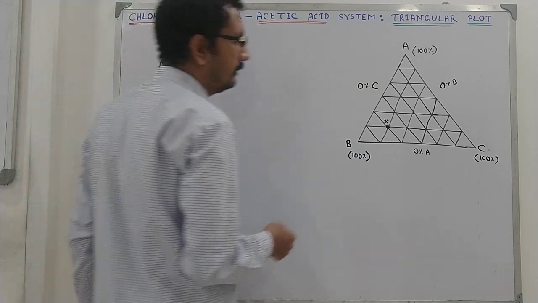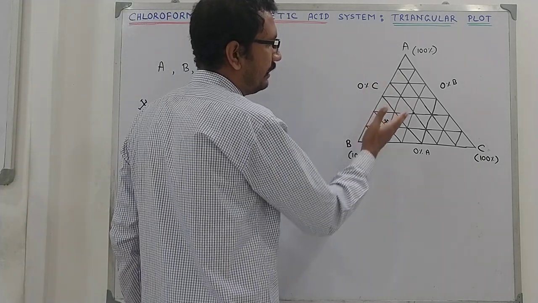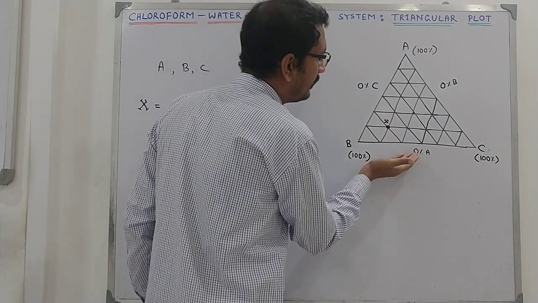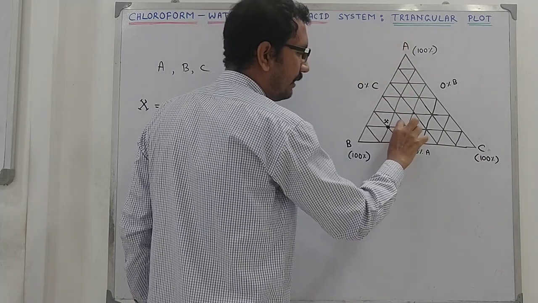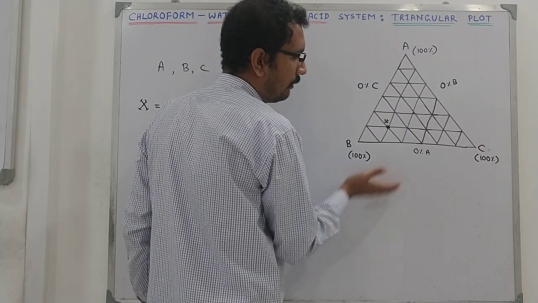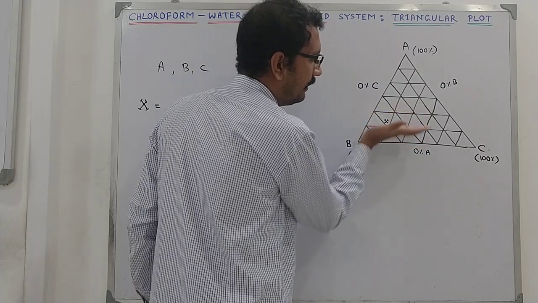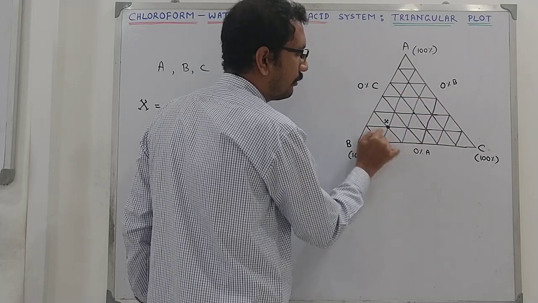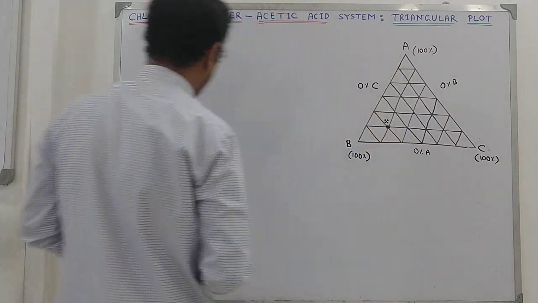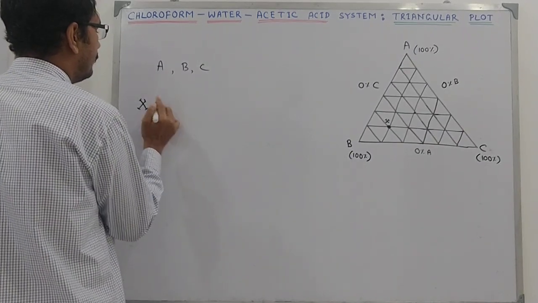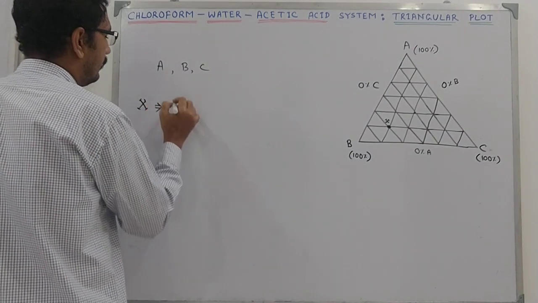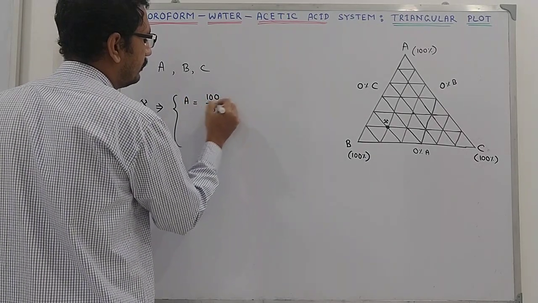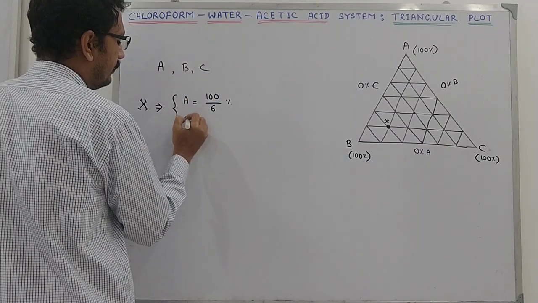Now see, first you have to determine the value of A. So here it is 0%, here it is 100%, and each step it is 100 by 6%. So it is one step above the 0%. So the composition of A will be 100 by 6%. X indicates A equal to 100 by 6%.